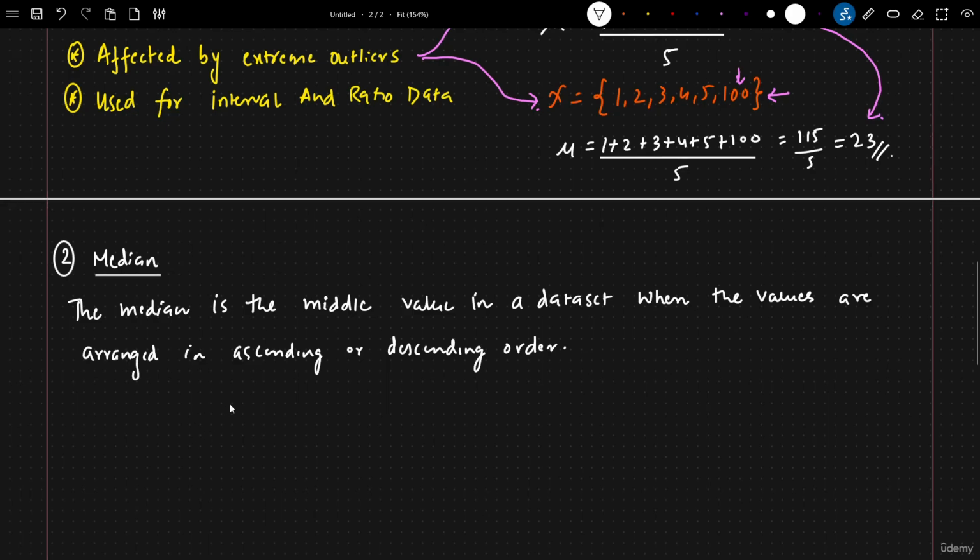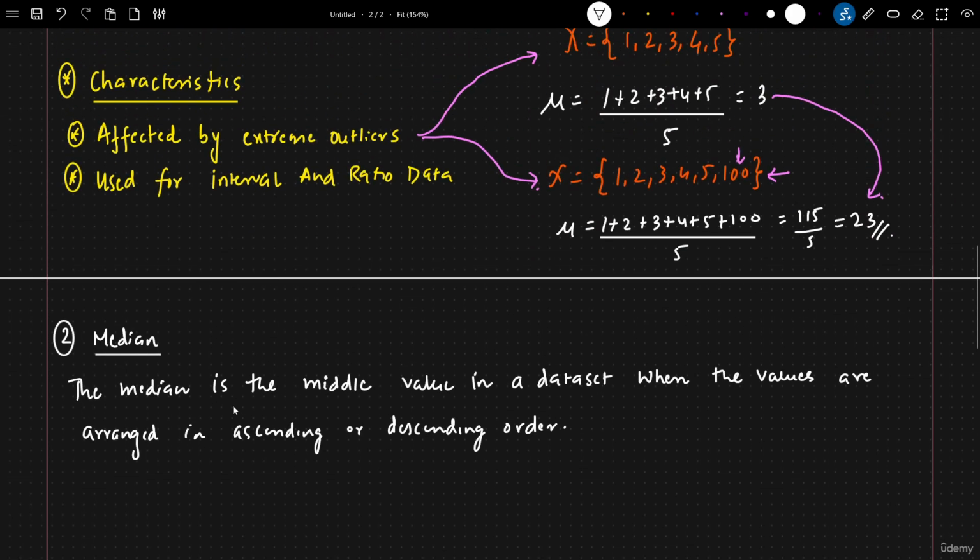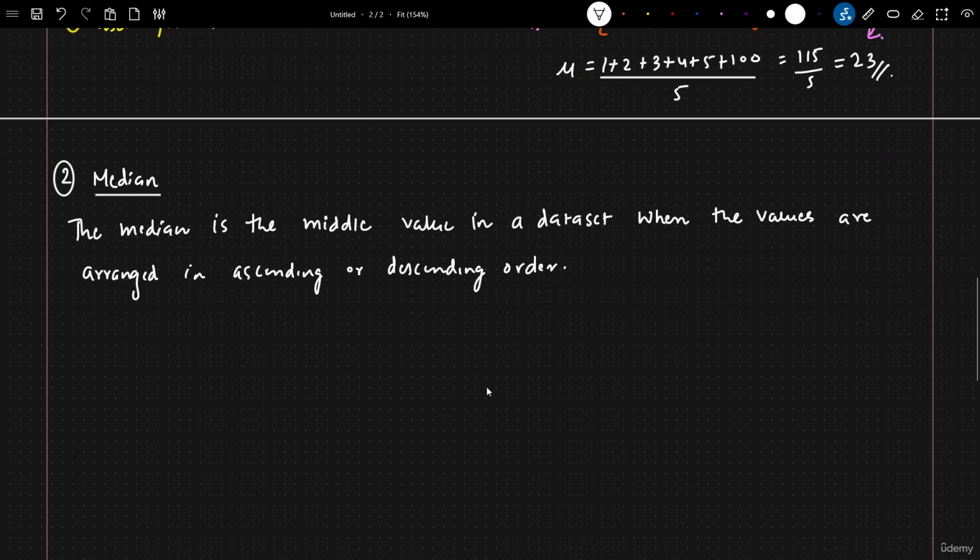So let's see this. I will take one example now. Let's take the same example. Here, let's take X as my random variable: 1, 2, 3, 4, 5. Right. Now, in this data set X, first of all, before calculating the median, we need to calculate how many elements there are.